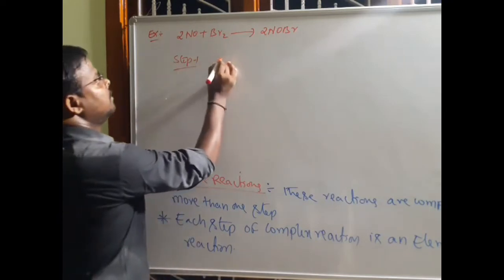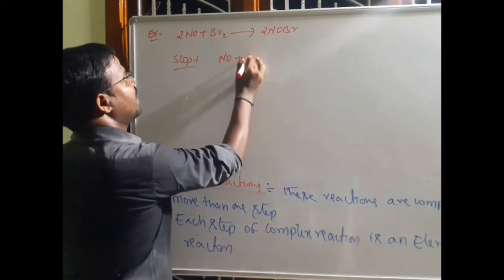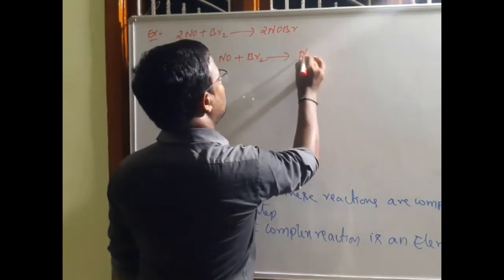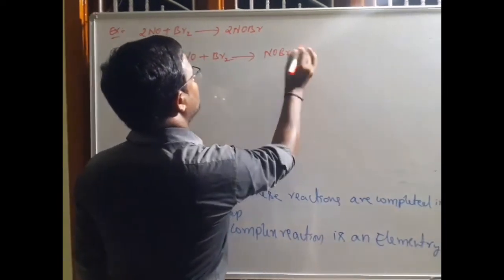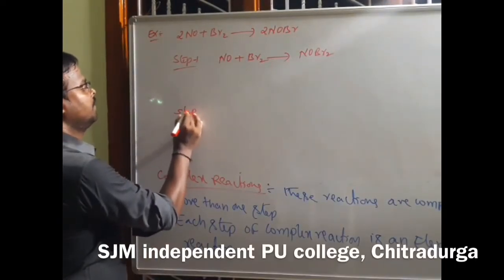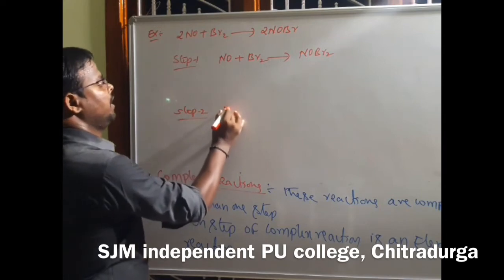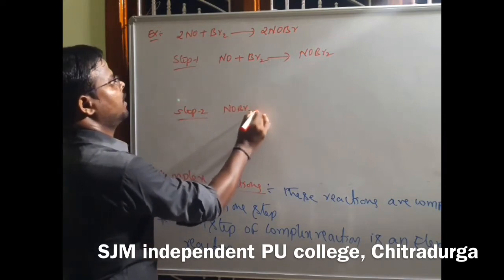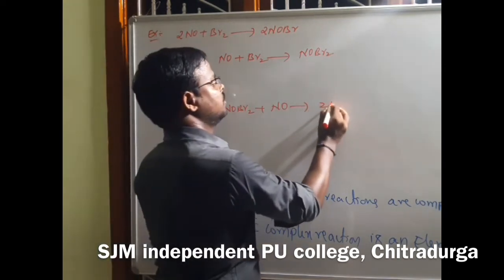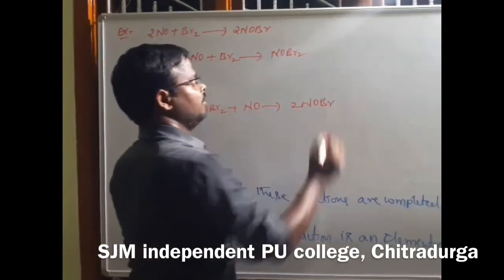Step 1: NO reacts with Br2 and gives NOBr2. In the second step, step 2: NOBr2 reacts with NO and gives 2 moles of NOBr.